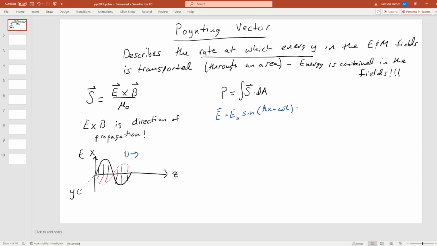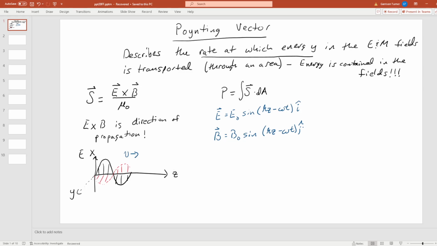And this is in the I direction. Oh, this is kz. Sorry about that. Z is the direction of propagation. And your B field is given by B naught sine kz minus omega t in the J direction. Okay?